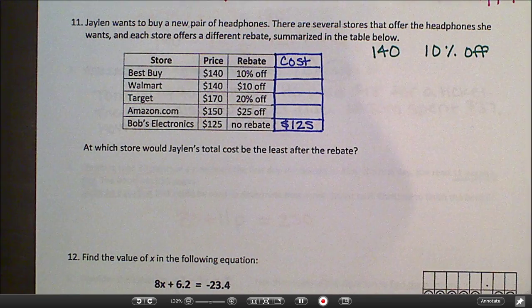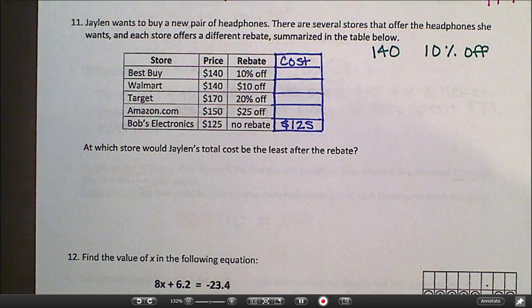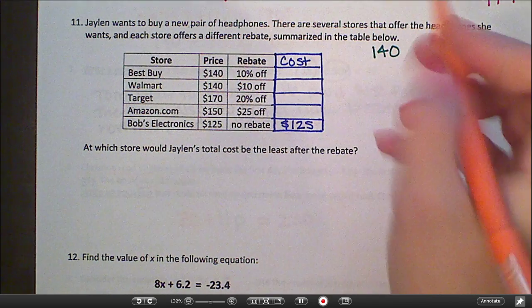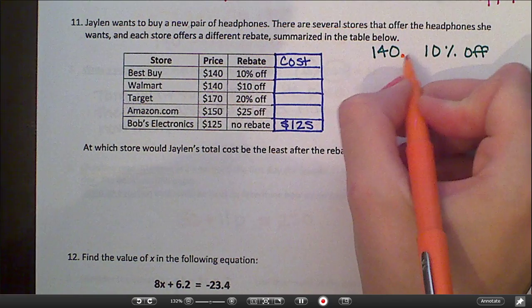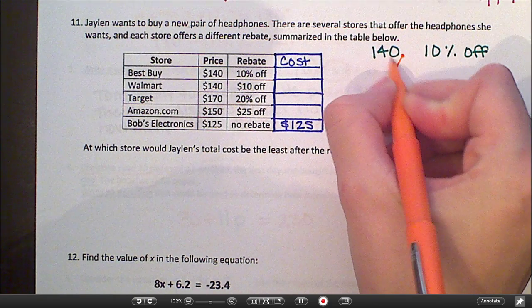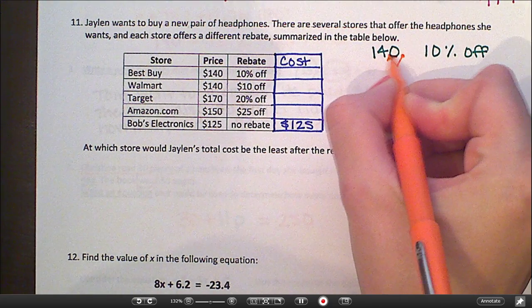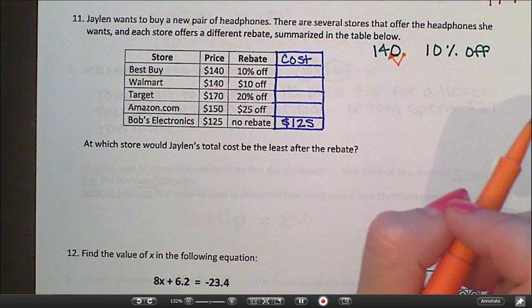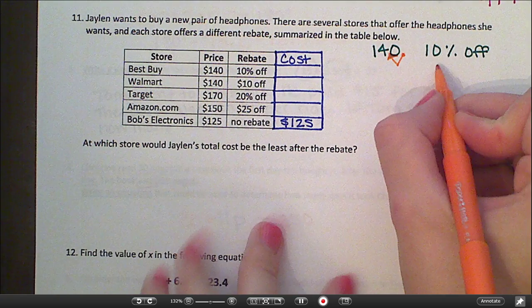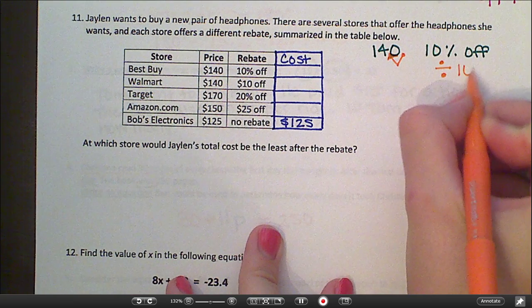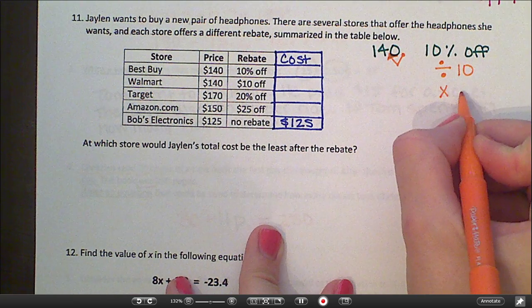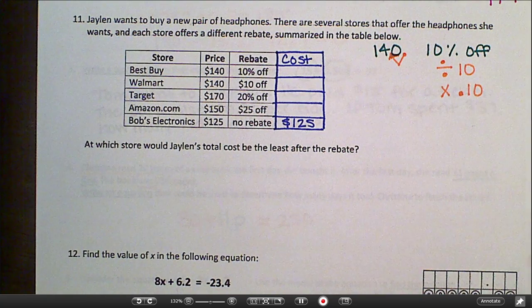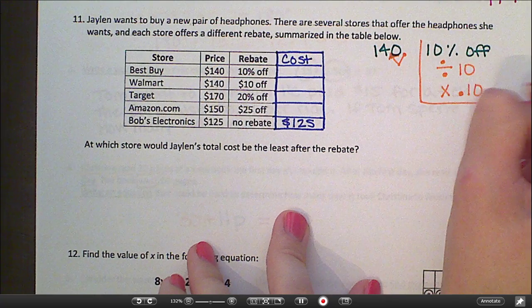Well, 10% of something, here's an easy, quick way to do this. 10% of a number, or 1/10 of a number, I can just move my decimal point one place to the left. That's the same as dividing by 10, or multiplying by 1/10. So these are all the same thing.